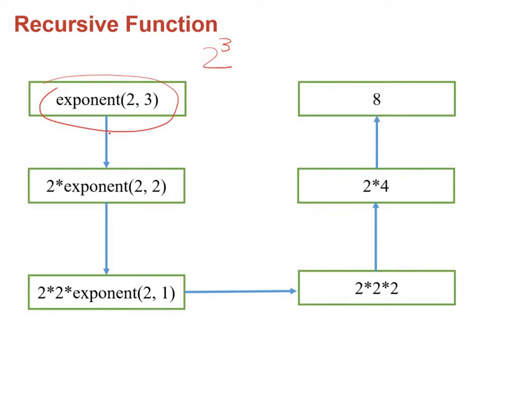It keeps on calling the function, and when it reaches the base case, you start getting numbers then. So when you call the function with 2 to the 3, Python goes in, and this is again r, the base, multiplied by r to the 3 minus 1.